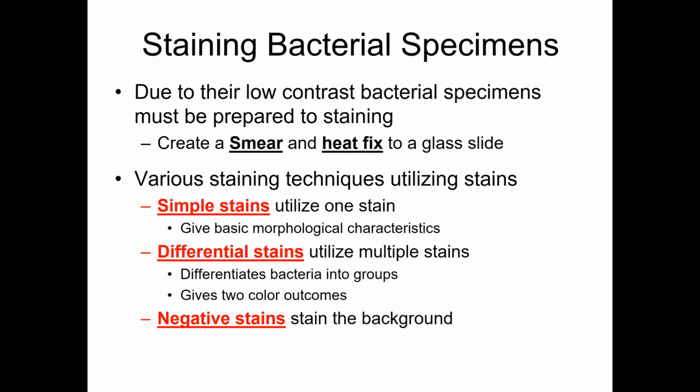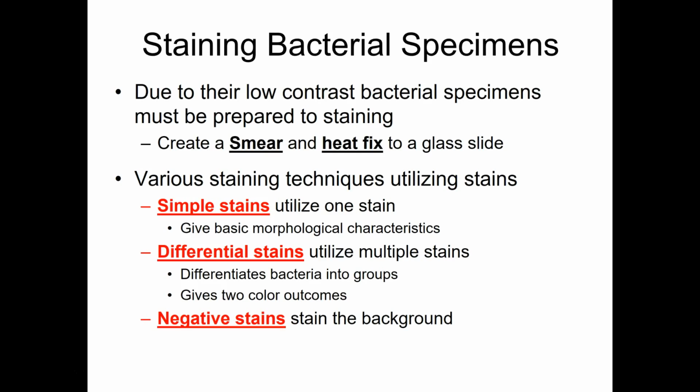In lab, we're going to learn how to set up smears, so how to apply bacteria to a slide, and then we're going to have to heat fix them. Heat fixing is a double-edged sword. It helps prepare the bacteria for staining. It helps them stick to the glass, but it also kills them in the process.